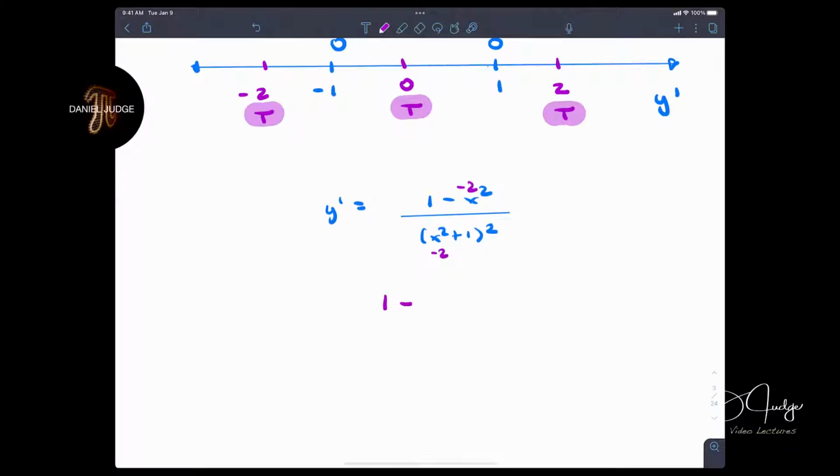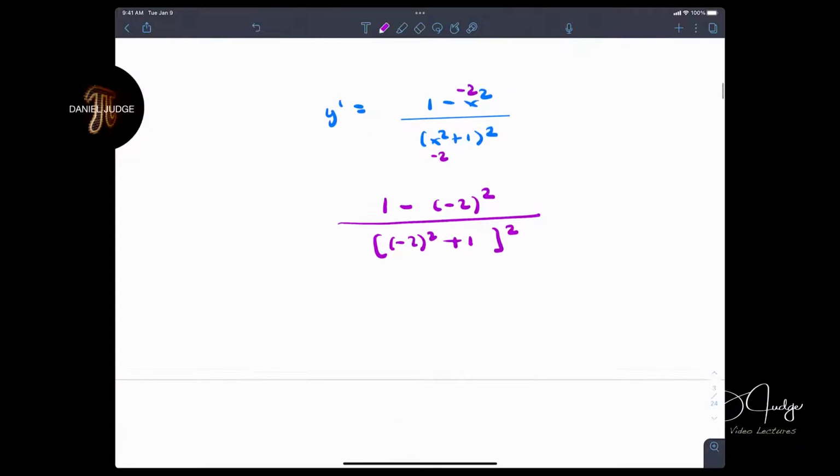So this is 1 minus, replace x with -2. And we get 1 minus 4 over 4 plus 1 squared. Now the denominator is actually positive.